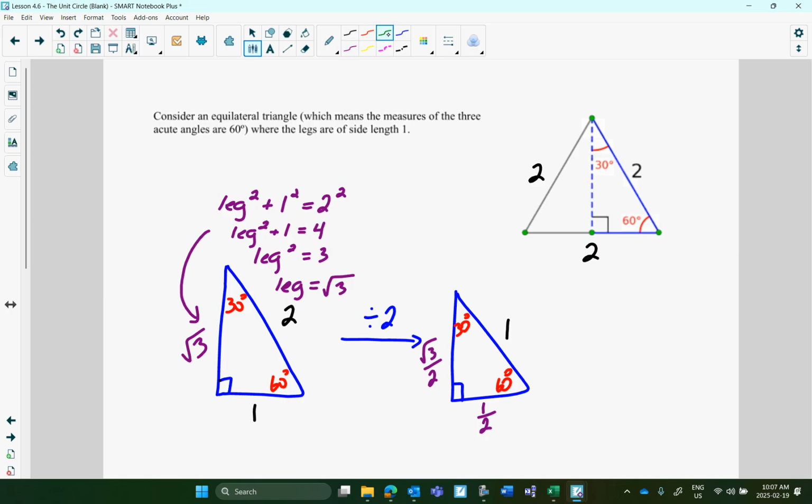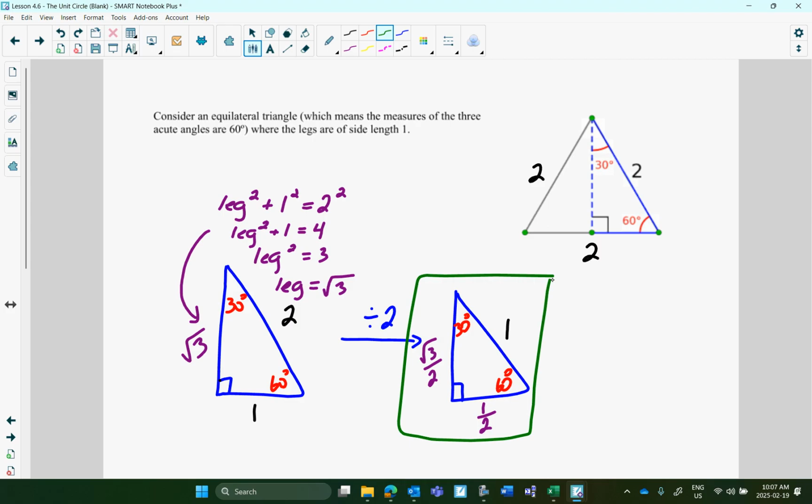There's the second triangle we want. If we've got a 30, 60, 90 triangle with a hypotenuse of 1, one of the legs is going to be 1/2, and the other leg is going to be root 3 over 2.